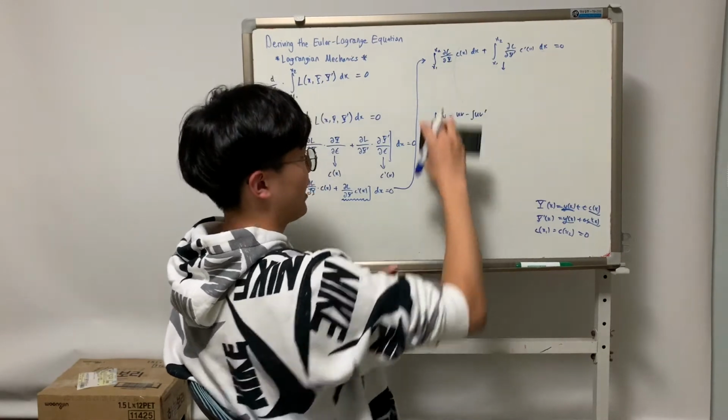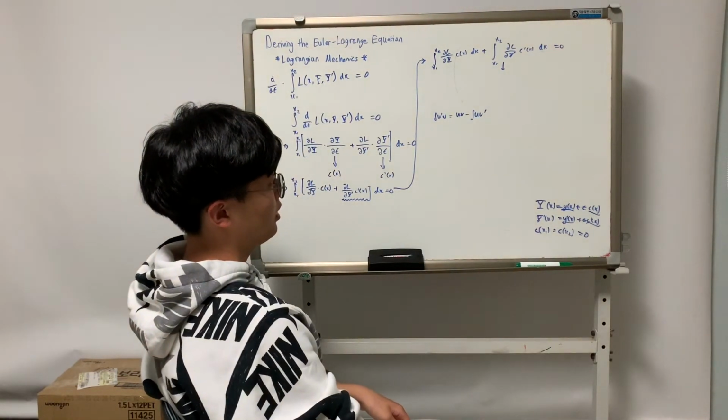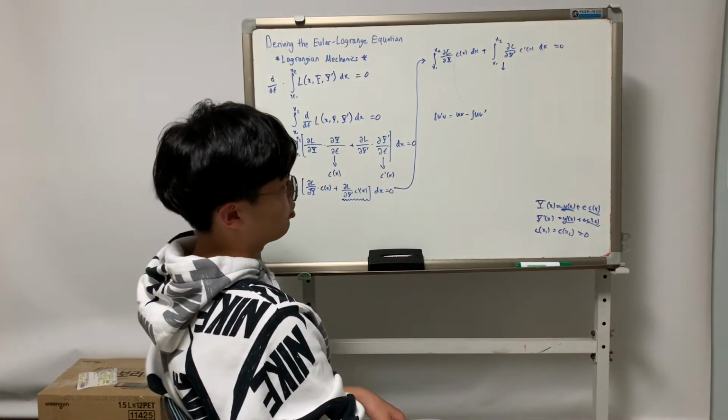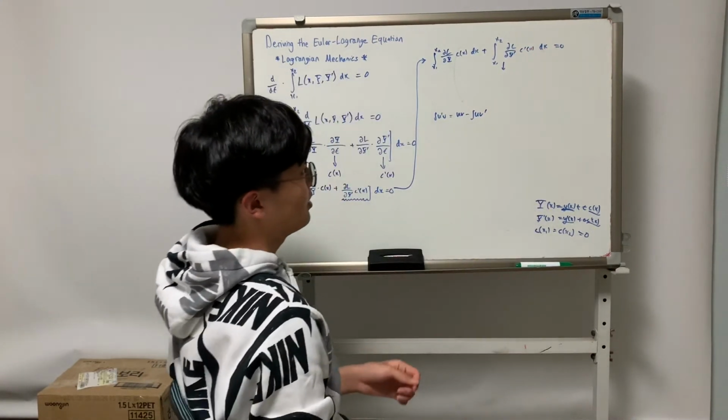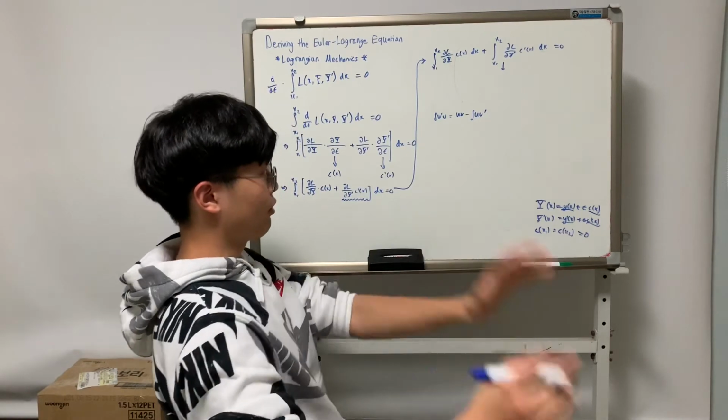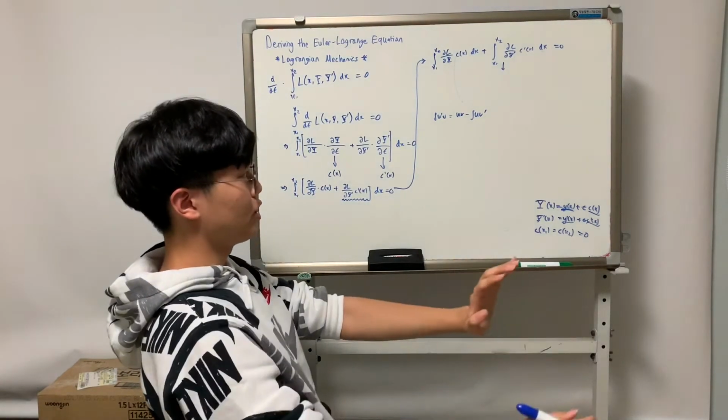What are we going to set as our u prime? Well, we're going to set u prime as c prime of x, because they're both something differentiated, so the result for u is going to be much simpler.